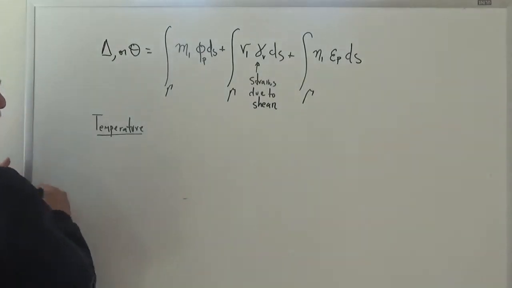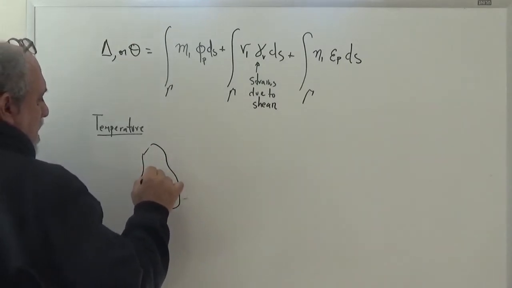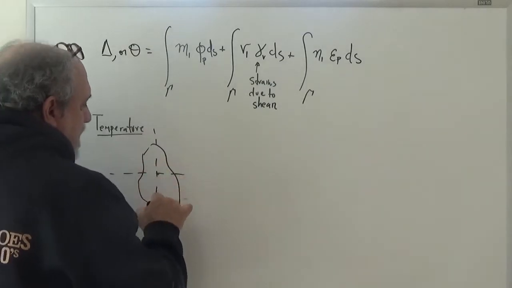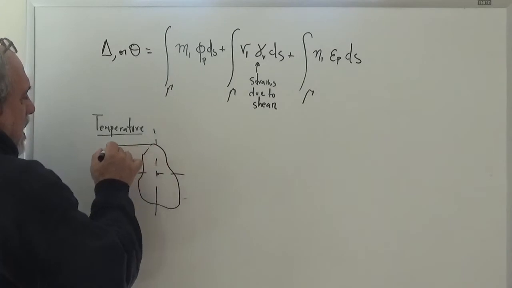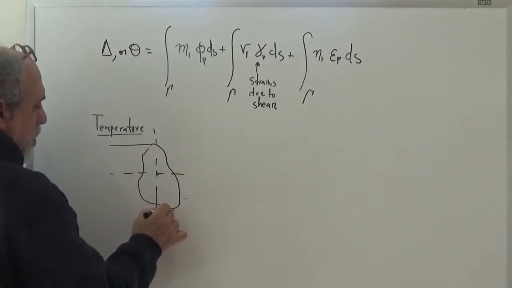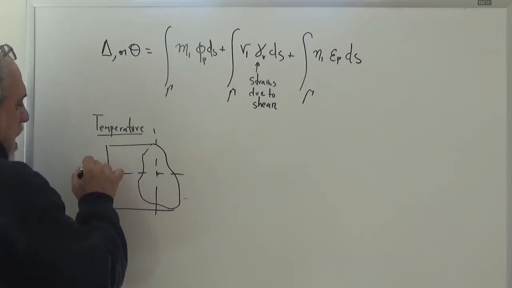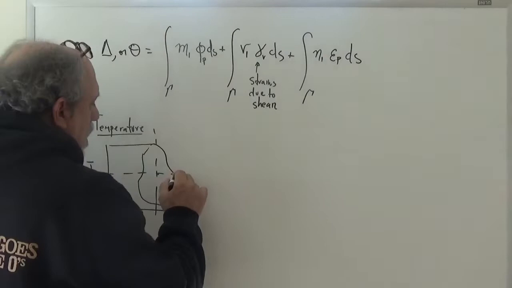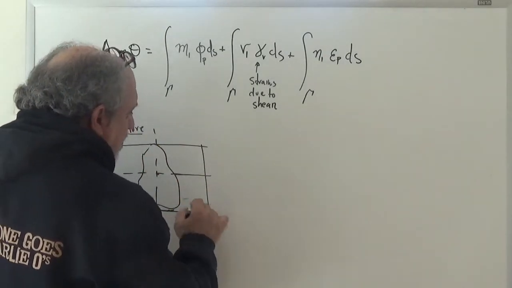Let's say that we have a cross-section. This is the centroid, and these are the principal axes. Let's say that we are interested only in one direction of things, so this is h bar, the height of the section. This is the full width.